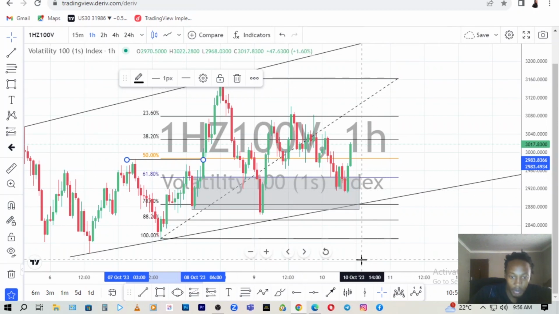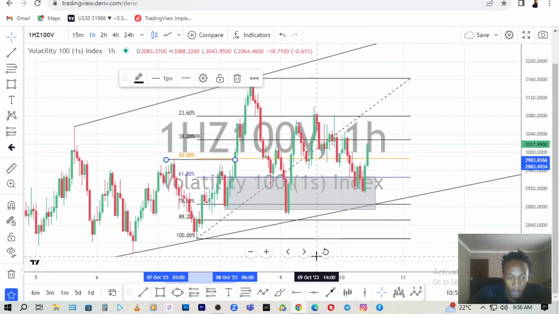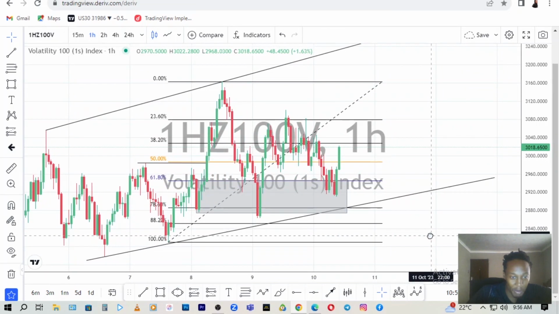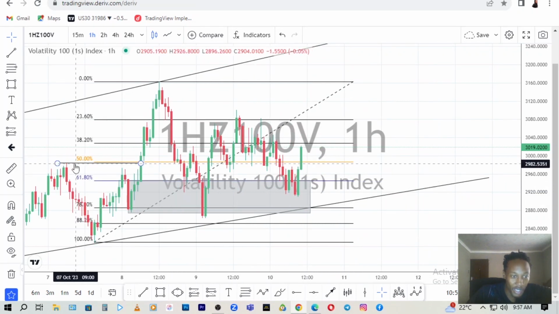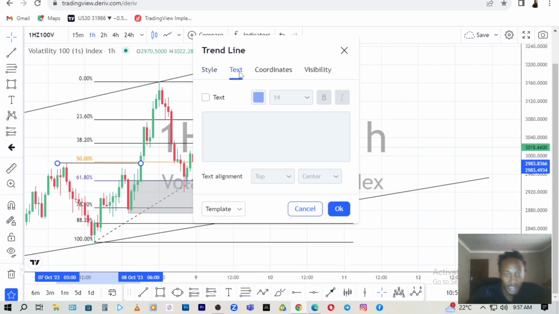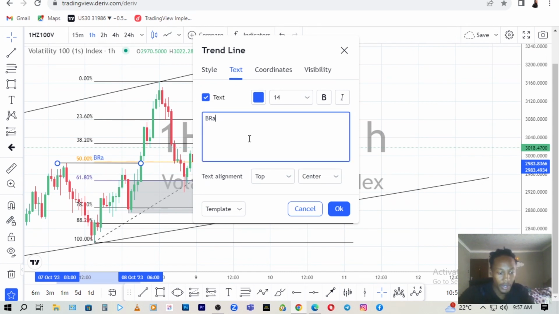So this is how SMC works in simplified form. So this is your order block, this is your break of structure. Right here, text: break of structure, BOS, BMS, break of market structure, break of structure, that's the same thing.